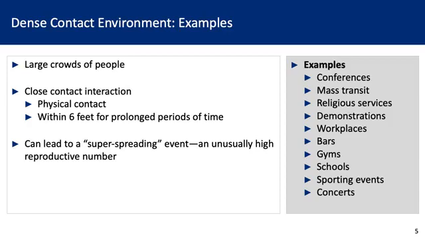Bars, gyms, and schools, with people sitting together in a classroom for a long period of time, are another dense contact environment. Also sporting events and concerts, or other places where people are often in very close contact with each other. So anytime you identify a case who's had one of these exposures during their infectious period, you're going to need to report to your supervisor. There may be more that you need to do than the typical contact tracing.